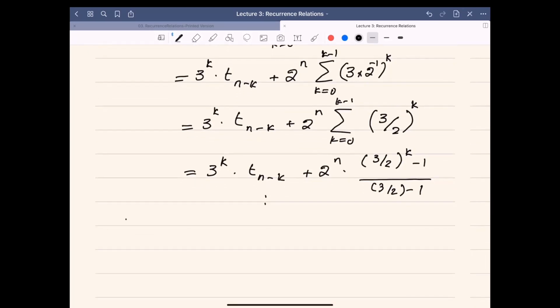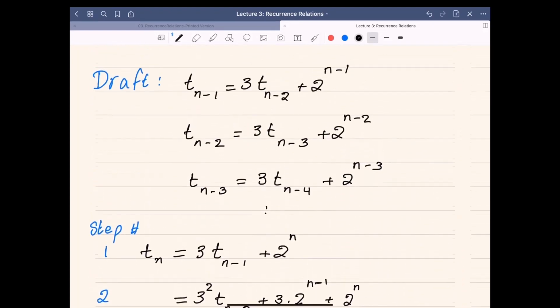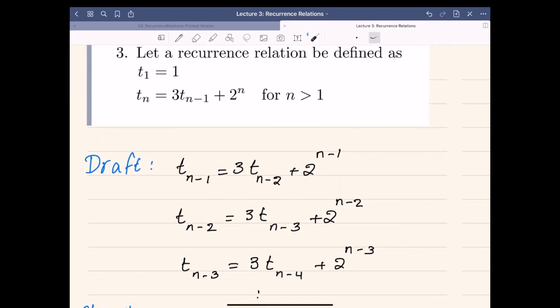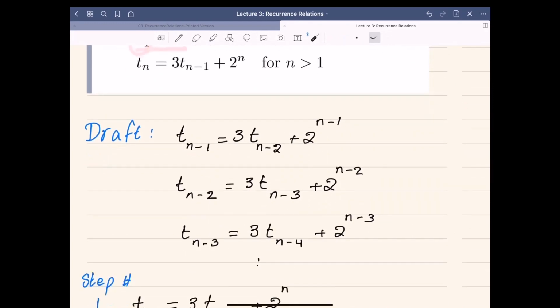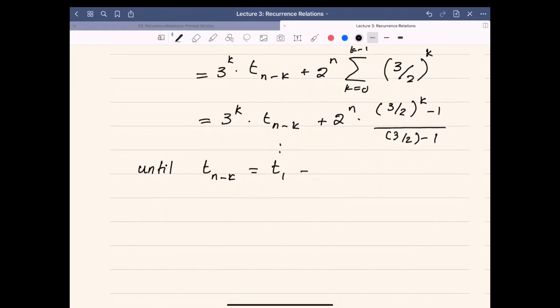This substitution will keep going until we reach the initial value, until T_{n minus k} will reach the initial value, which is T1. So we have the initial value T1. It is not T0. It is given that it is T1, not T0. So if it is T1, then these two numbers are equal if their subscripts are equal.